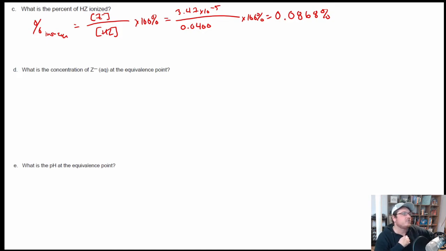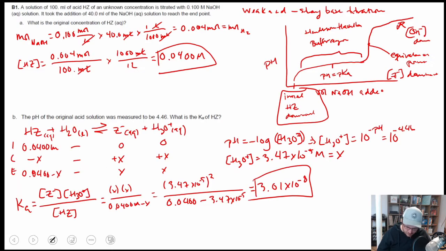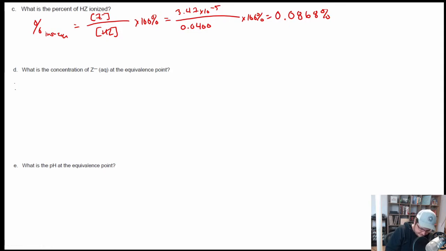And so the next question is, what is the concentration of Z minus at the equivalence point? So going back, we know that at the equivalence point, the number of moles of HZ has been completely converted over into Z minus. And so if we know the number of moles that we started off with, which we were able to calculate in part A, that's 0.00400 moles.